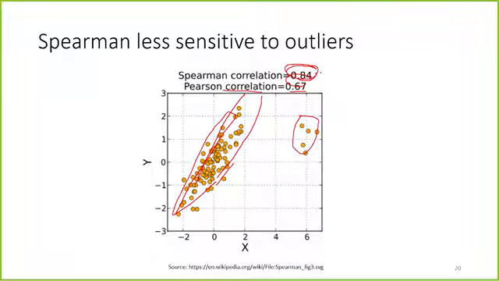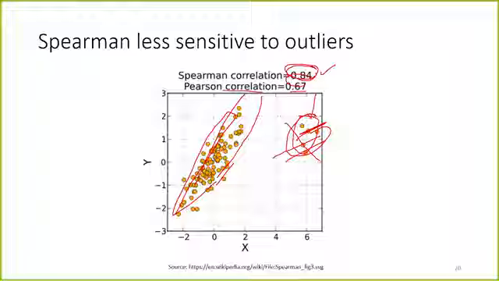This looks more like the one we should interpret, because these are just outliers. We may not need to consider these data points at all. So Spearman makes sense in this case. That's why we say that Spearman is less sensitive to outliers compared to the Pearson correlation coefficient.